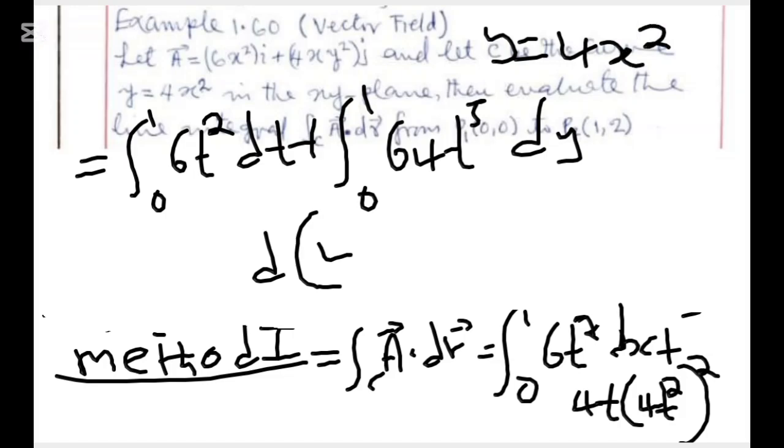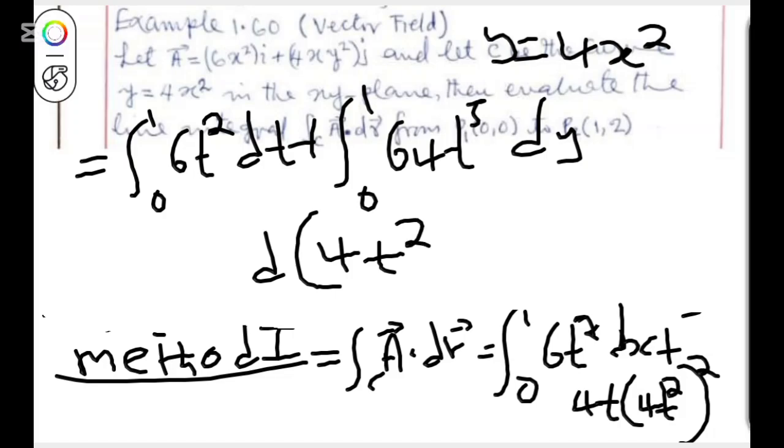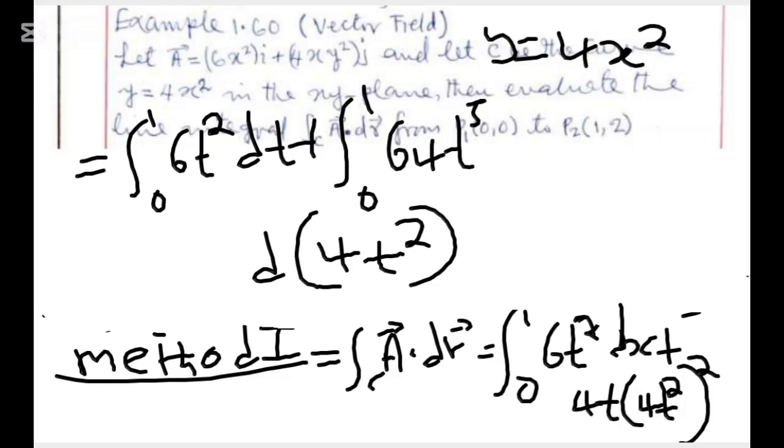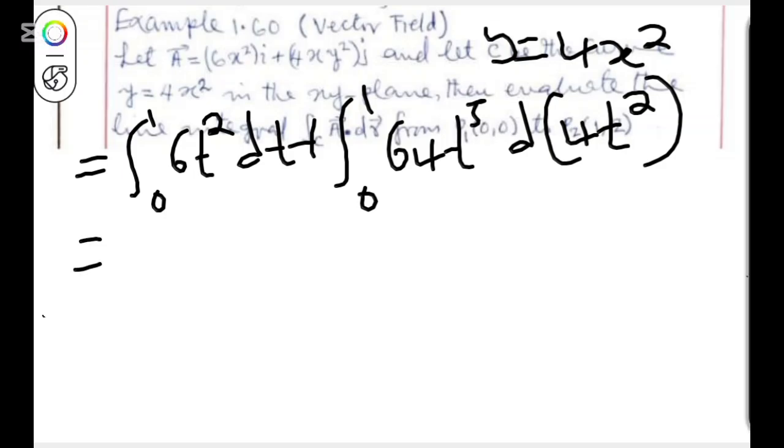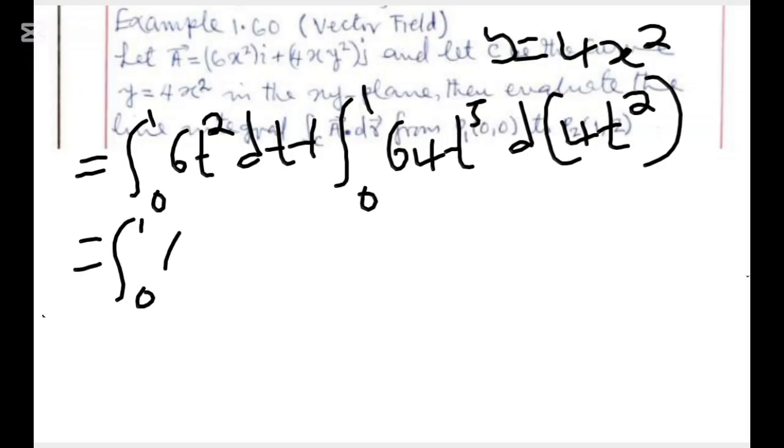Should I put the 4x squared? No, I'll put 4t squared, because t will now turn to x. So I have to say d into 4t squared.